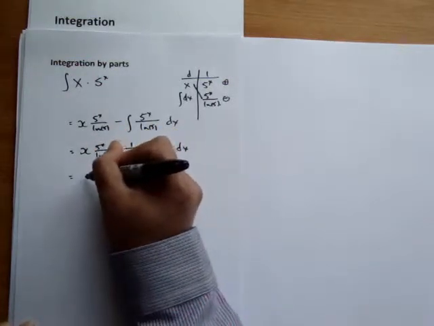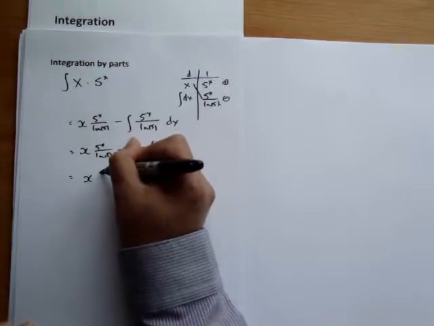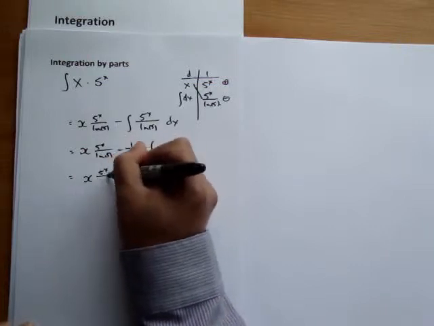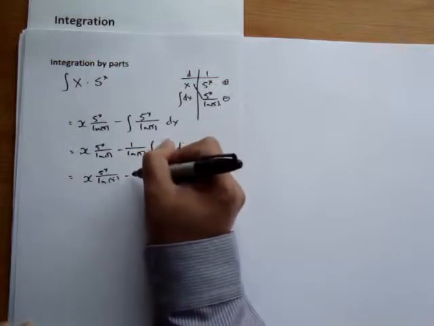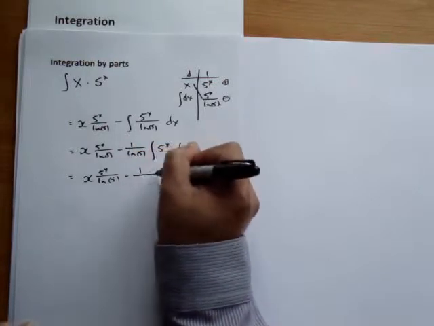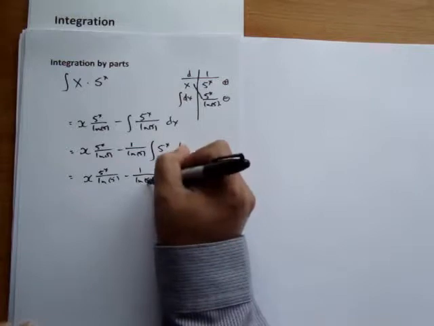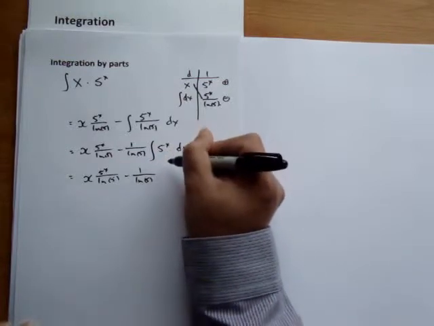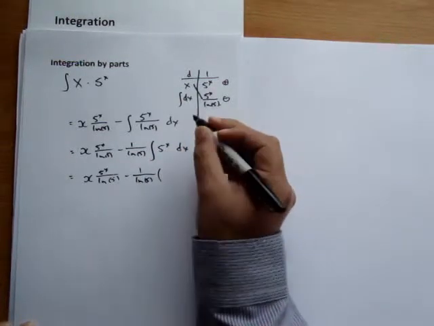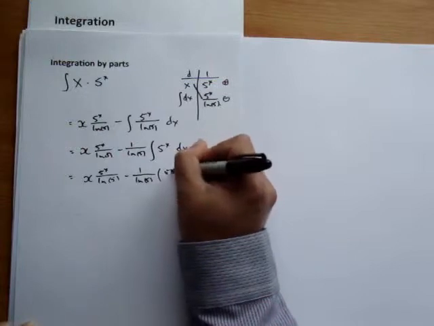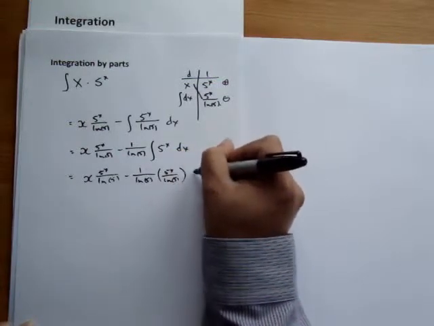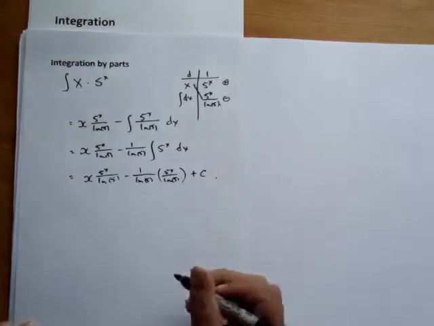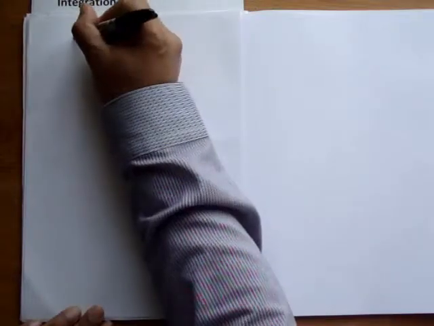These then remain the same, so that's x times 5 to the power x over natural log of 5, minus 1 over natural log of 5, and when we integrate 5^x we get 5^x over natural log 5, plus c, and that is our answer.